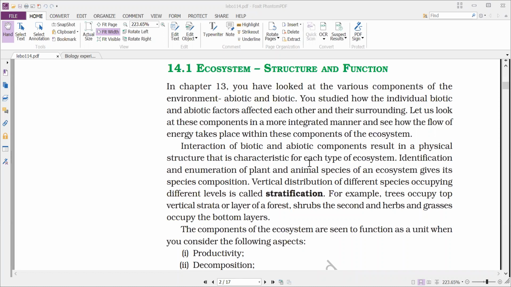That means in every ecosystem we'll find different types of living organisms and different environmental conditions. So the interaction of the biotic and abiotic components will differ from one ecosystem to another ecosystem. That's why we say characteristic. That means it is different from one ecosystem to another ecosystem.